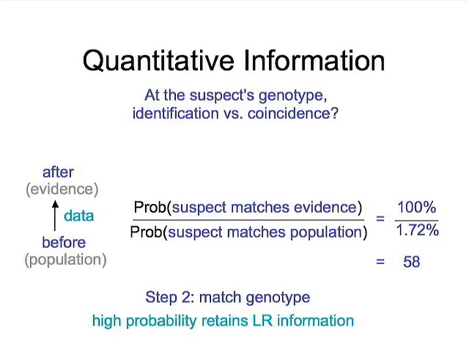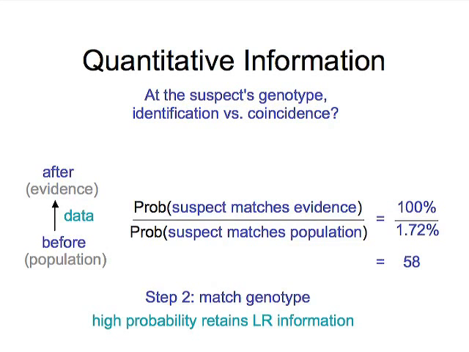And so the ratio of 100% over a little under 2% is over 50. You just divide 100 by 2, you get 50. And so it's a little under 2, you get a number bigger than it. It turned out to be 58 in this case.